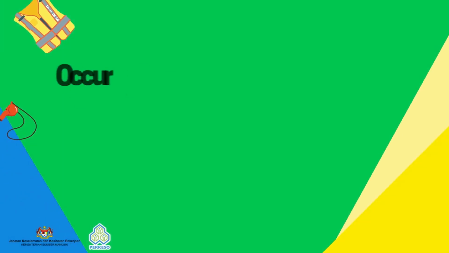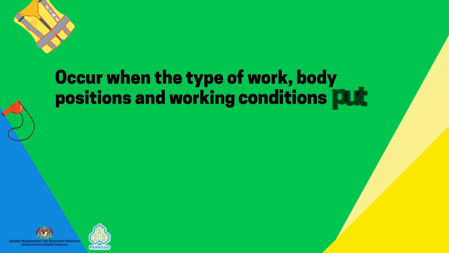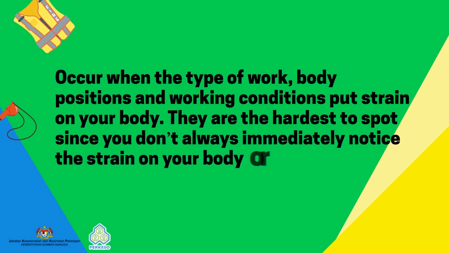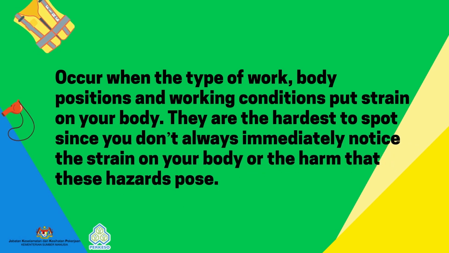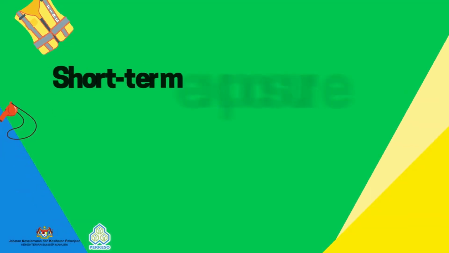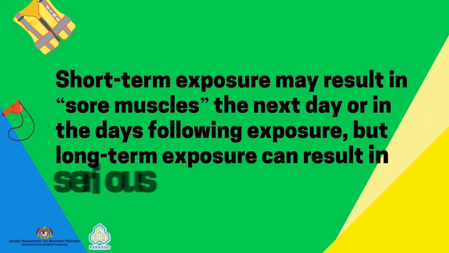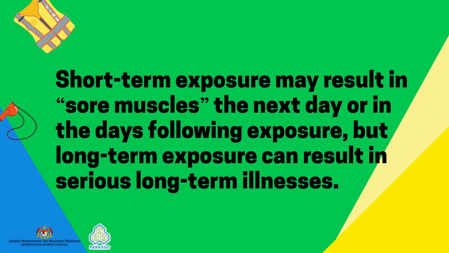Ergonomic hazards occur when the type of work, body positions, and working conditions put strain on your body. They are the hardest to spot, since you don't always immediately notice the strain on your body or the harm these hazards pose. Short-term exposure may result in sore muscles the next day, or in the days following exposure, but long-term exposure can result in serious long-term illnesses.